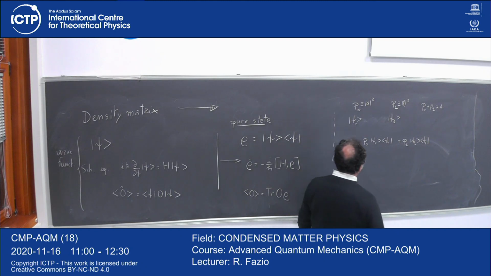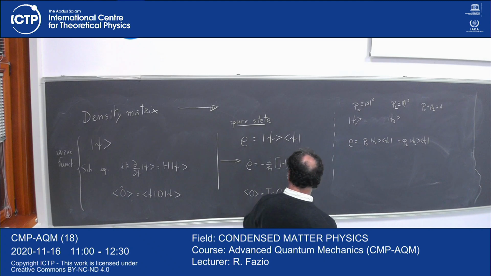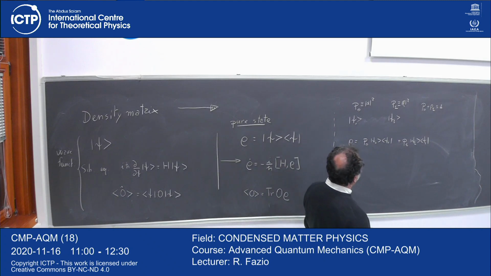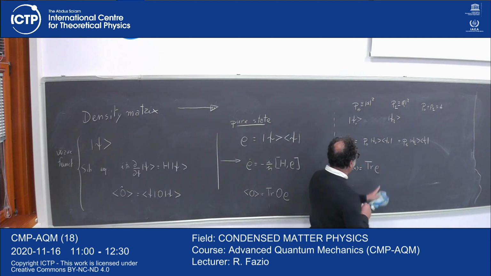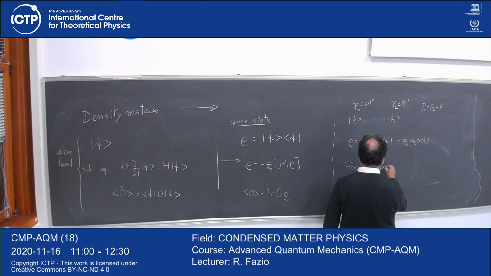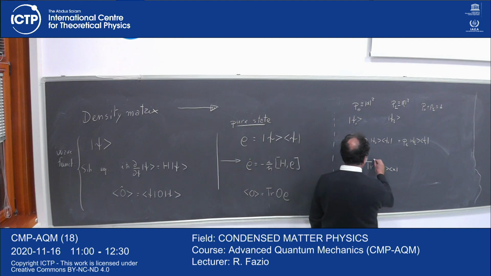And then, for instance, if you want to compute the probability to find the particle in X, what is the rule? Trace of rho times the projection operator in X. You have to compute the trace of rho times |X><X|.